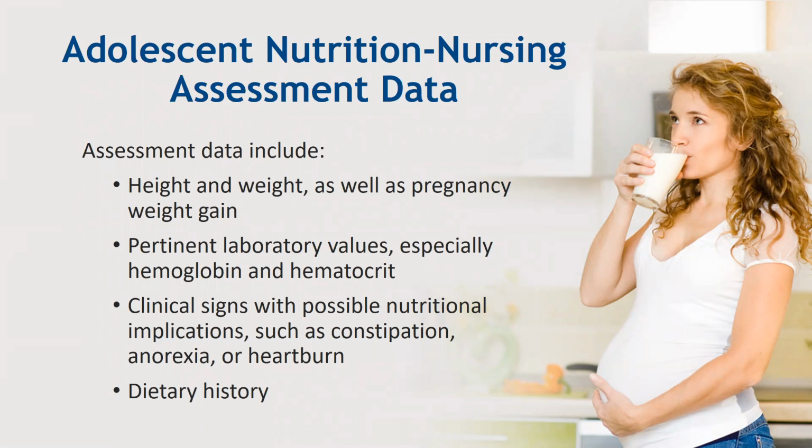Clinical signs of problems such as constipation, anorexia, and heartburn. And we can get a dietary history from them, have them write down what they eat for about 3 days to get a general idea of their habits. And we also need to get information about psychological, cultural, and socioeconomic factors that influence their food intake.